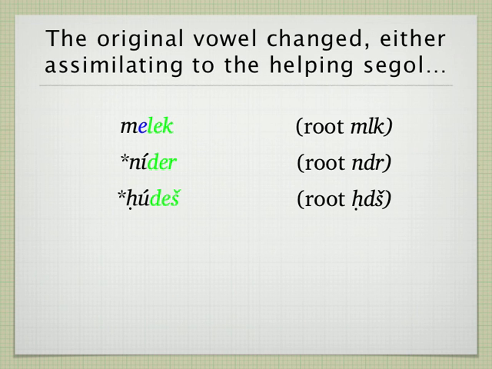The original vowel was changed with this adding of the helping vowel, either assimilating to the helping segol, as happens in a-class vowels like original malek. The a just becomes like the segol. It becomes melek. Everything slides together. Melek.